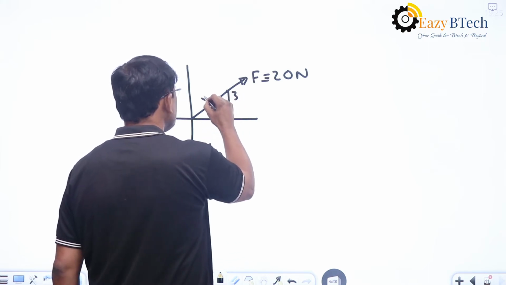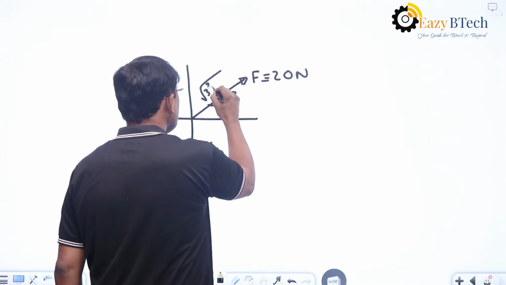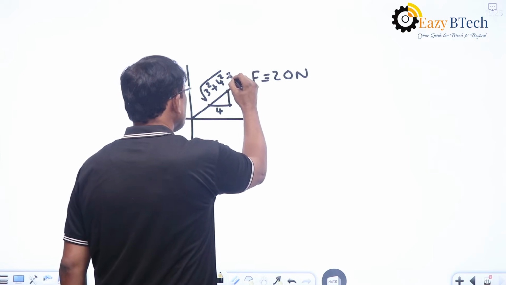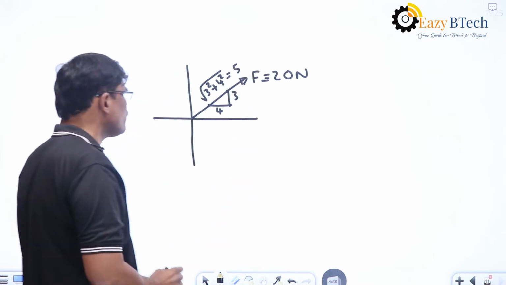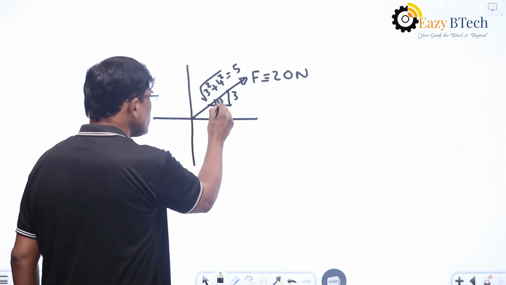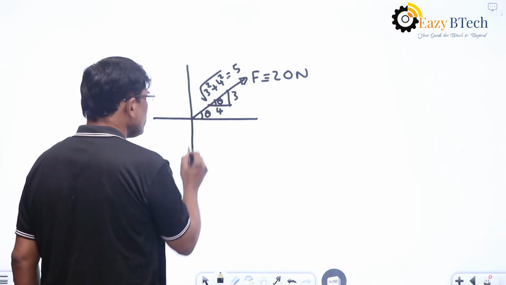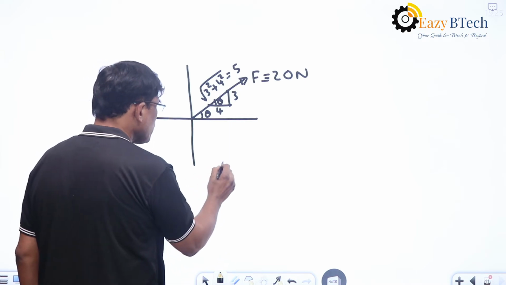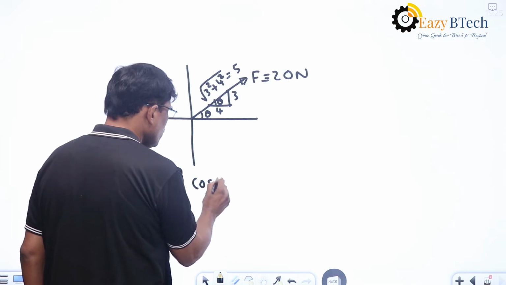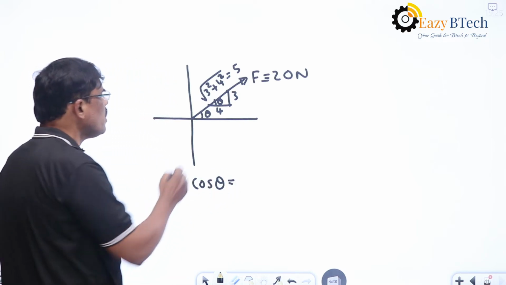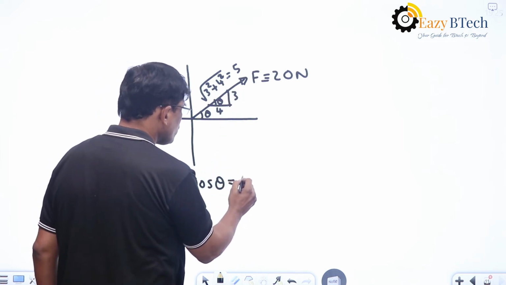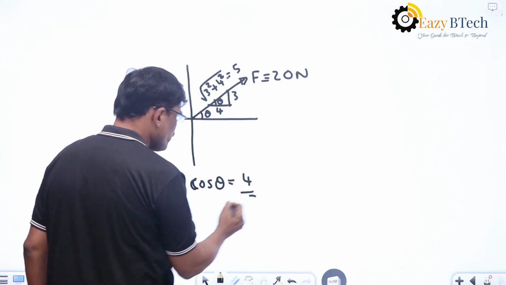So this becomes root over 3 square plus 4 square, so this value becomes 5. And now this angle is, let us say, theta, this is also theta here. So from this one, we know that cos theta is equal to the adjacent side by hypotenuse, so this is 4 by 5.